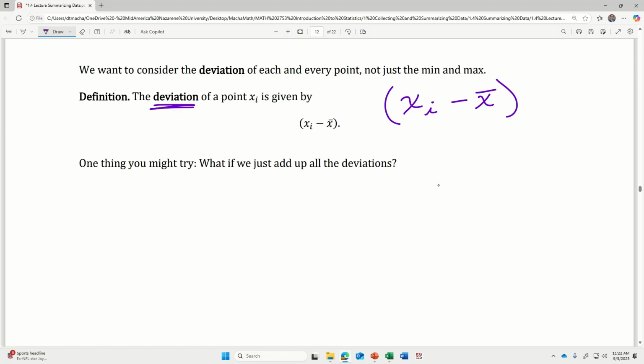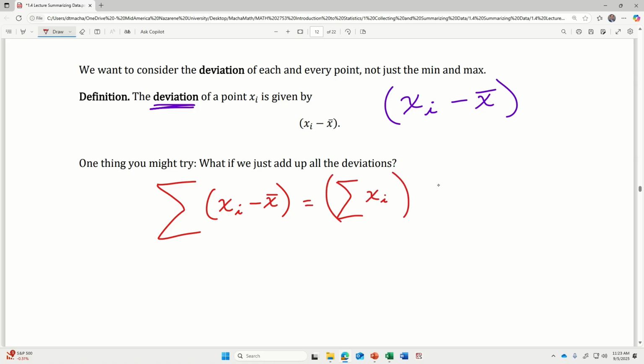If I were to just add up all of the deviations like this, this is the same thing as what I would get if I took the sum of all of the measurements minus how many copies of the mean?